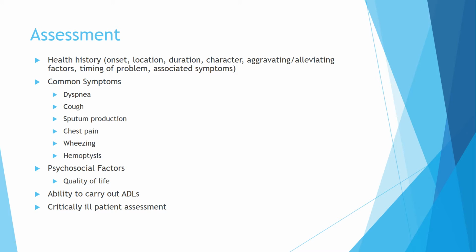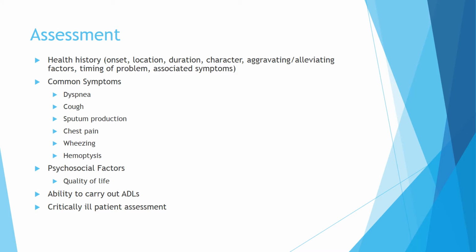And then your critically ill patient assessment. I'll go through this in the upcoming slides when I talk about advanced airways. Oftentimes, I'm not going to say always, but oftentimes these patients require an artificial airway, such as a tracheostomy or an endotracheal tube.